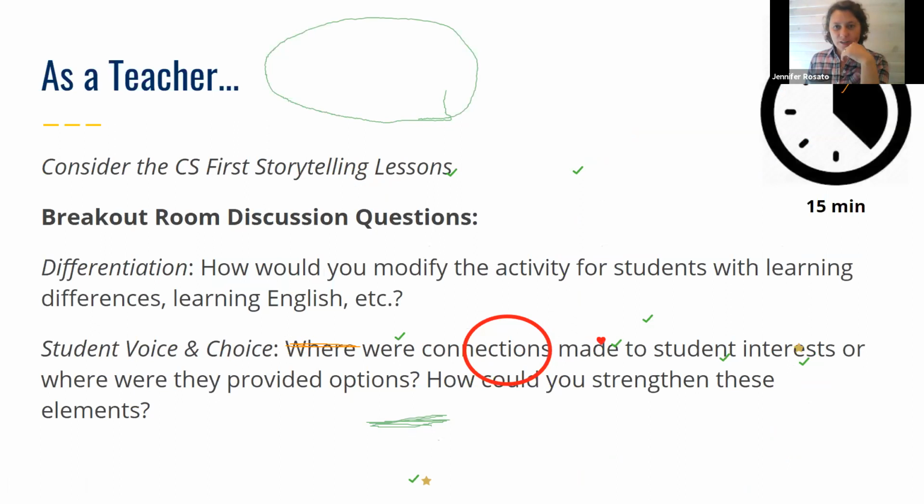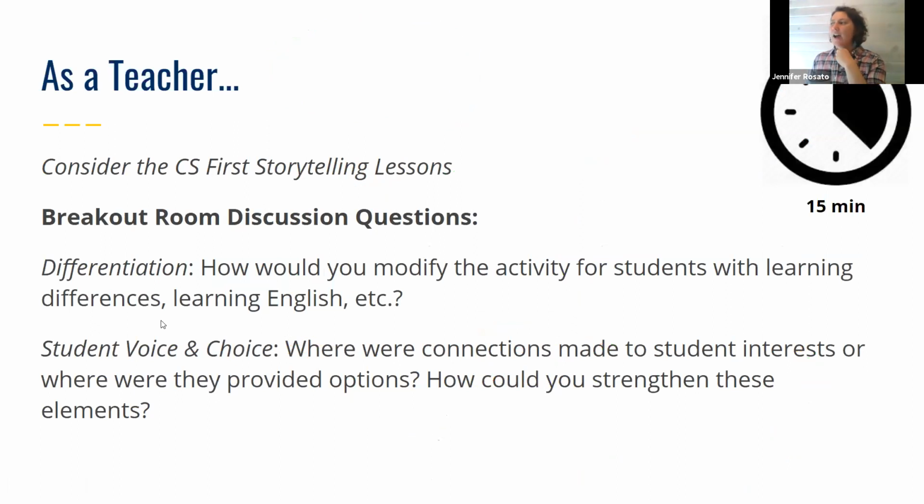All right, let me clear the annotations. There we go. All right, so let's do a little bit of thinking. We can go into breakout rooms again, in random breakout rooms, in groups of about 4 or so for a couple of minutes.